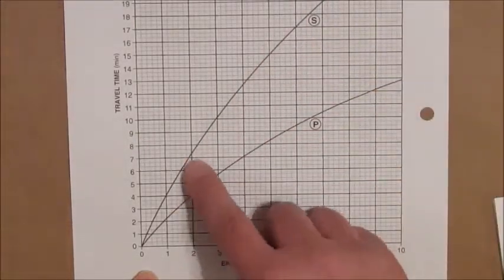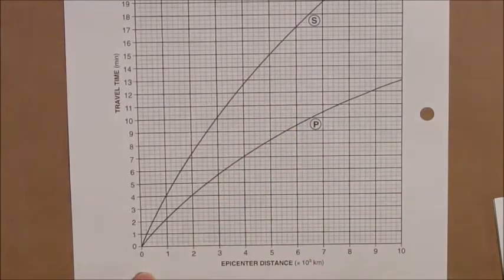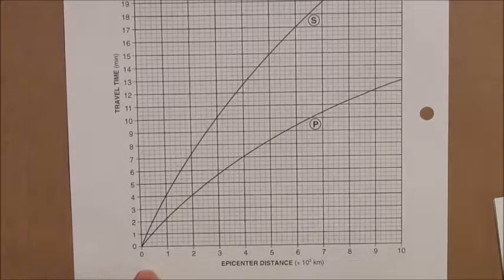And it's this wedge in between the P and S wave that we're going to use to figure out how far away earthquakes happened and where they were located.